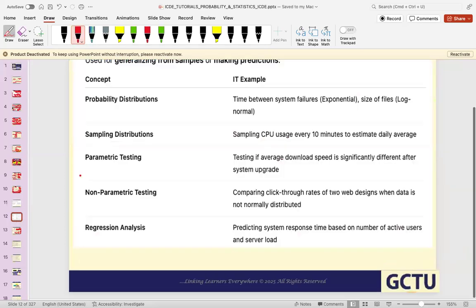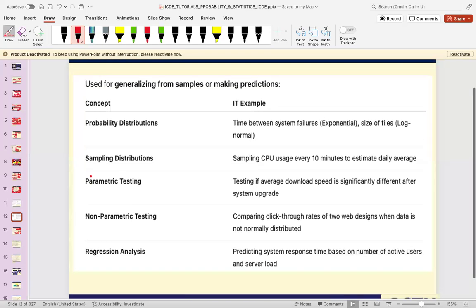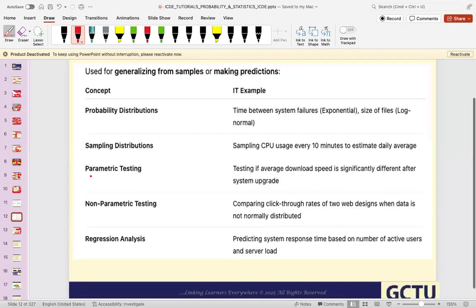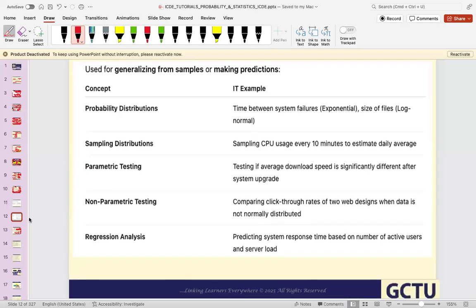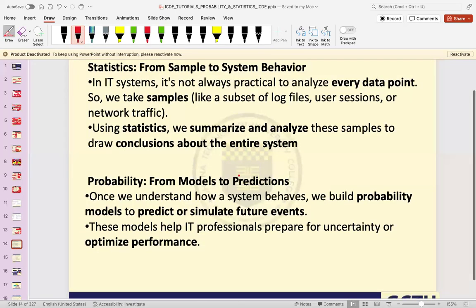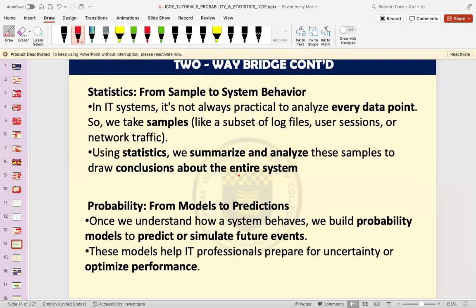But in concluding with IT concepts, which I don't want to go too much into because you haven't done a lot of IT stuff, I just want to end somewhere here for you to appreciate what we will do.